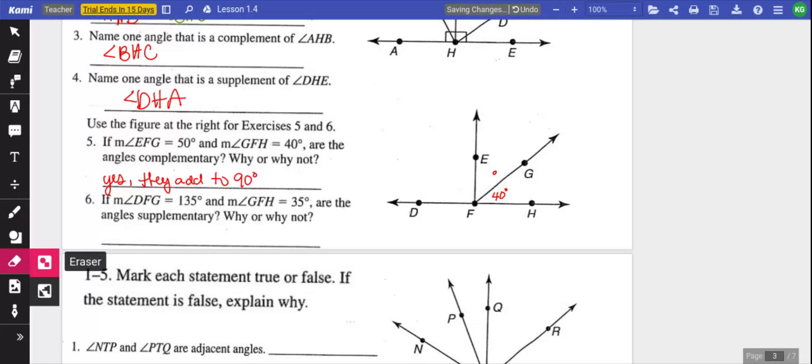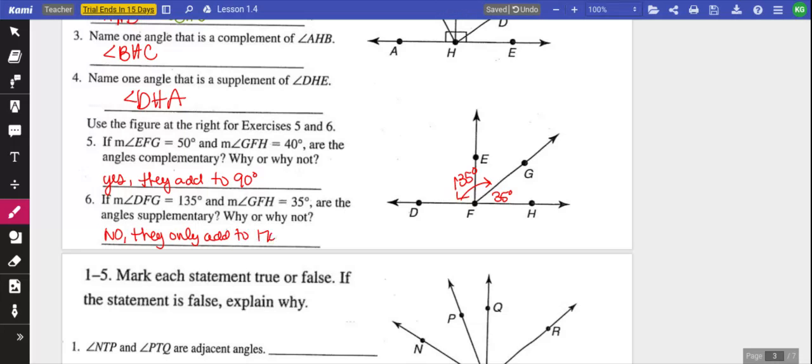Next one. If DFG is 135 and GFH is 35, are those supplementary? No. They only add to 170.